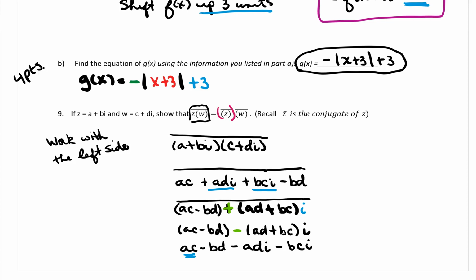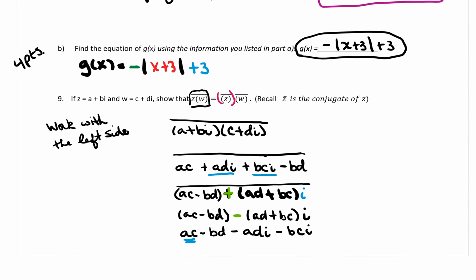Well, let's just do it. Sometimes you're just not sure if you're going in the correct way, and you just have to try, right? So let's redo this. I'm trying to get it so that it's A plus BI. Now let's regroup it with this.